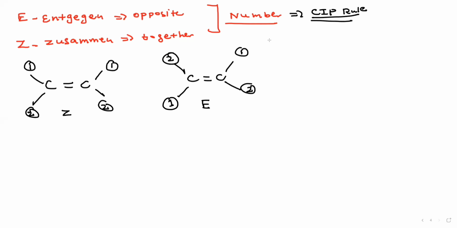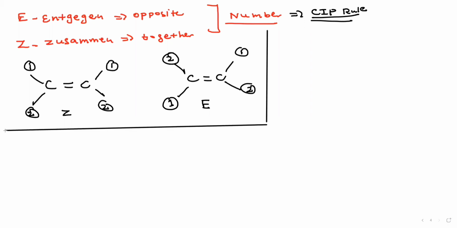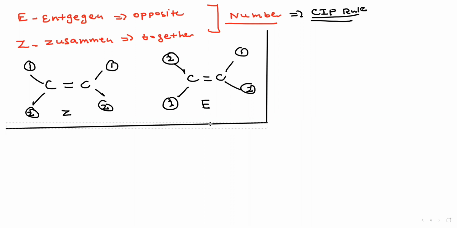I start the examples one by one, based on the CIP rule. First example: carbon double bond carbon, here Cl, here Br, here hydrogen, here CH3. Take this carbon, you can take any carbon.